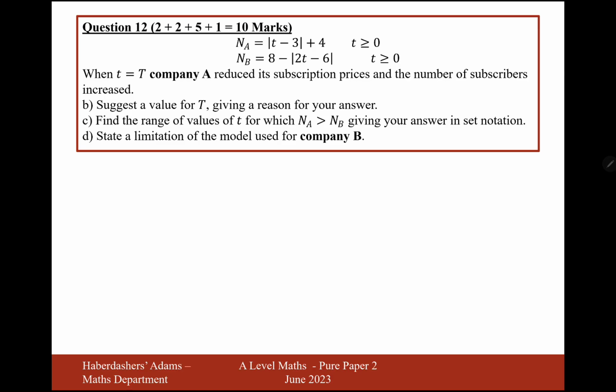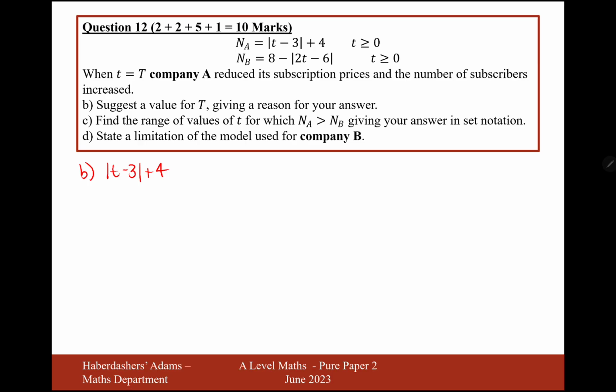At t equals T, company A reduces its subscription price and the number of subscribers increases. Suggest a value for T, giving a reason for your answer. So let's have a look at equation A, the modulus of t minus 3, add 4.